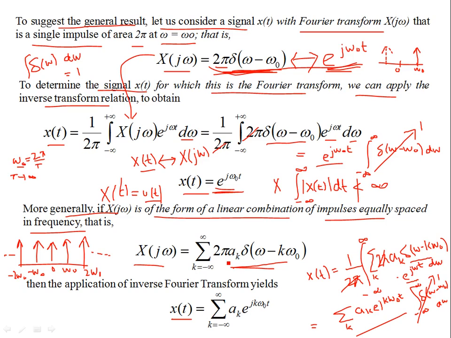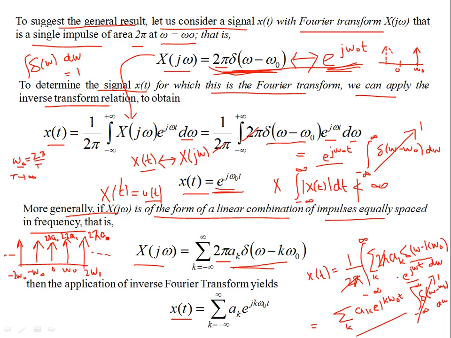But what is the area? The area of these impulses, or their strengths, are 2 pi times the Fourier coefficients a_k. So it's not a_k alone over here, but it has to be multiplied by 2 pi. That's the strength. All the impulses are not multiplied by the Fourier series coefficients only, but they have to be scaled by 2 pi as well.